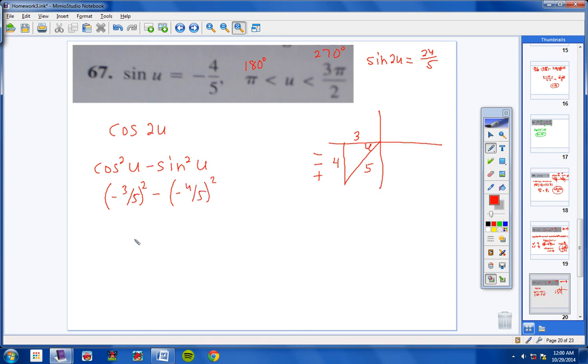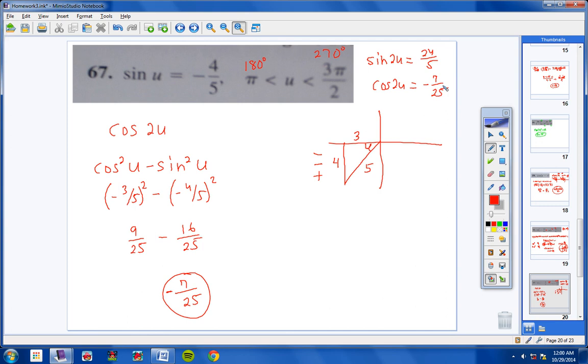So we get 9/25 minus 16/25, which would be negative 7 over 25. So cosine of 2u equals negative 7/25.